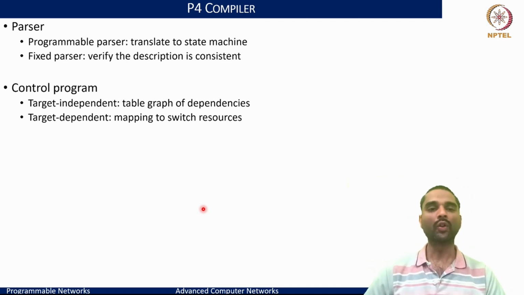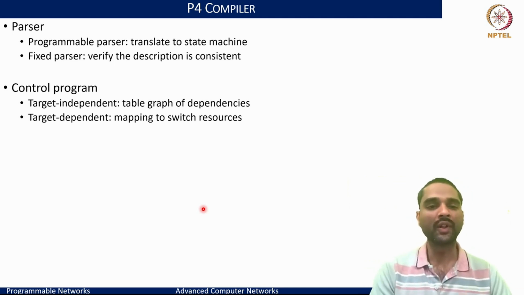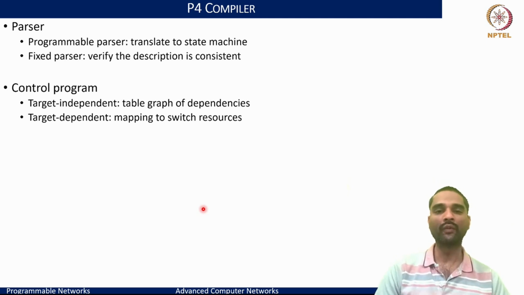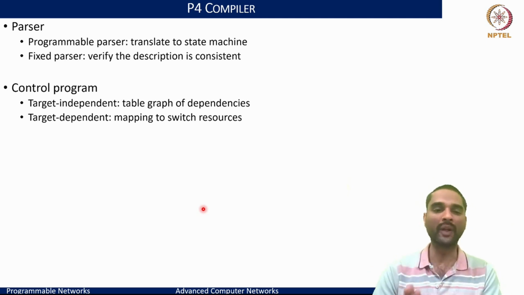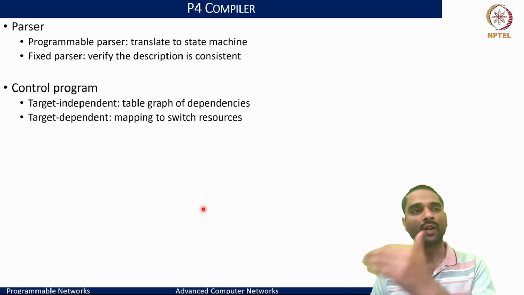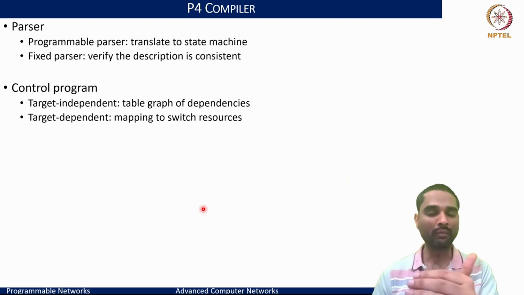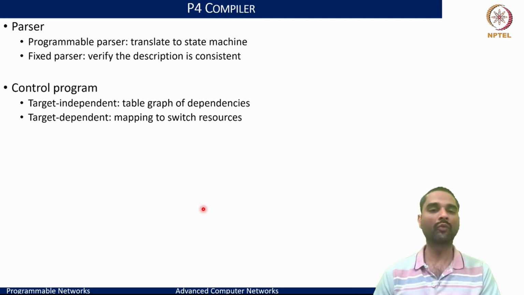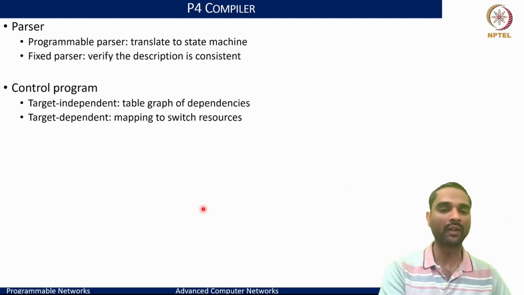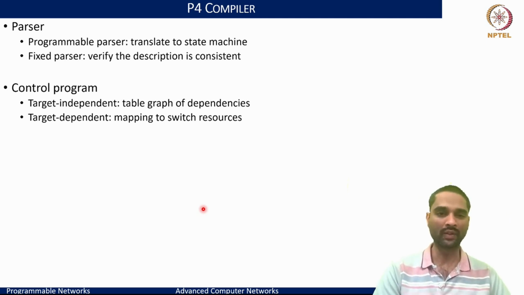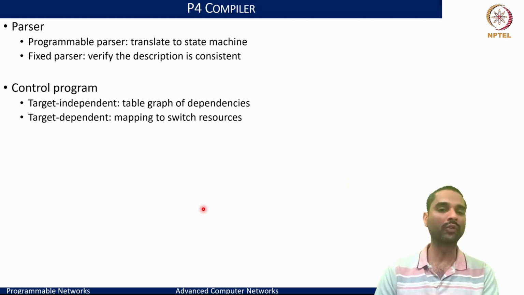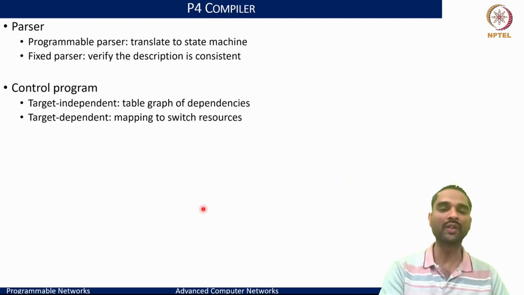The control program that we have written is basically target independent, because we have defined a table graph of dependencies. The compiler's job is then to translate this table graph of dependencies into the way that the target would accept, that is, map to the switching resources for each of the tables and set them up.